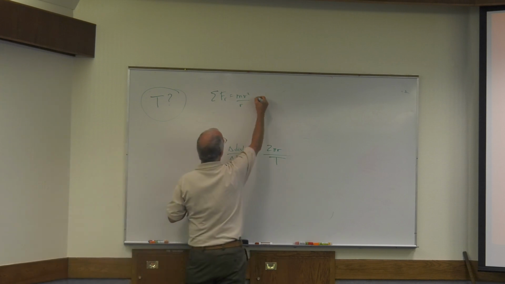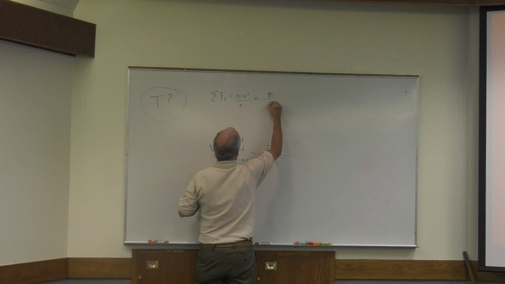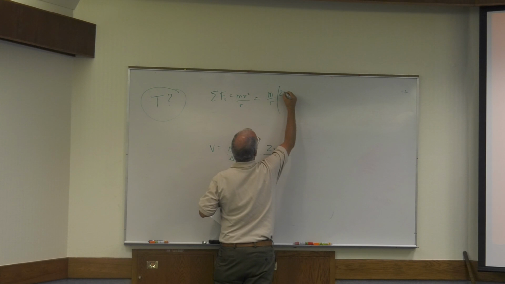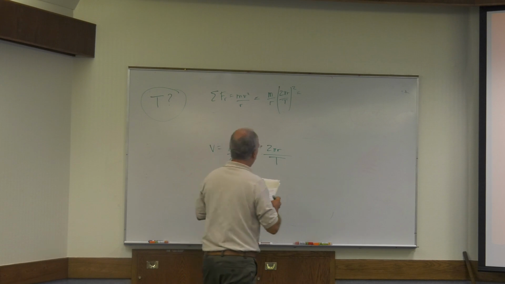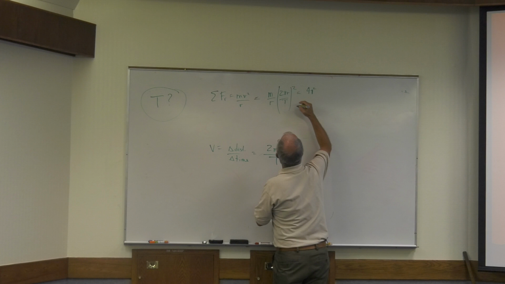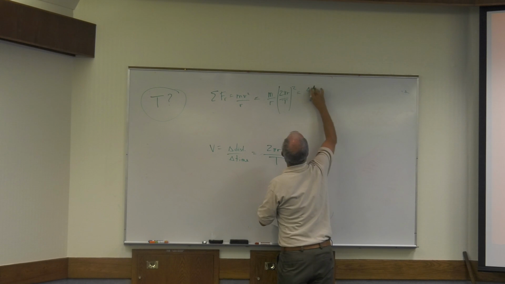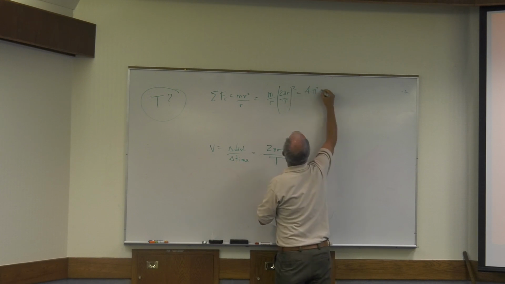So what we're going to do is substitute. We have m over r times velocity squared. So we're going to square this, giving 2 pi r over T, squared. And that's 4 pi squared m.